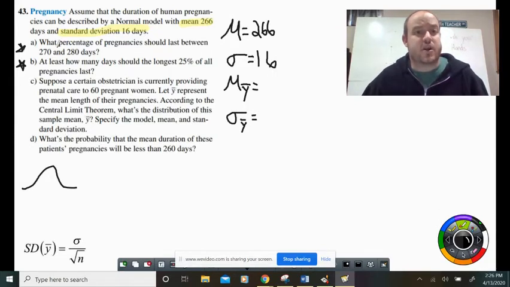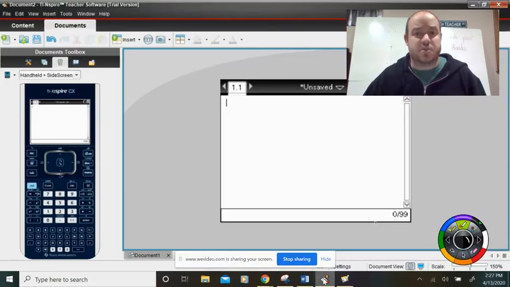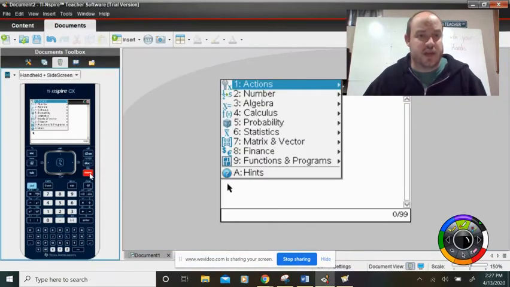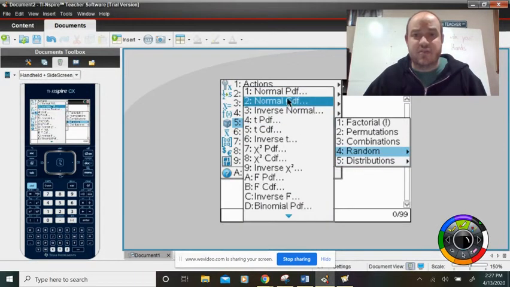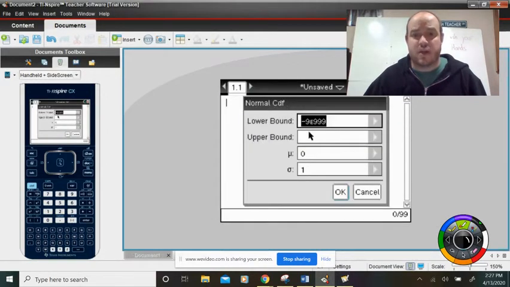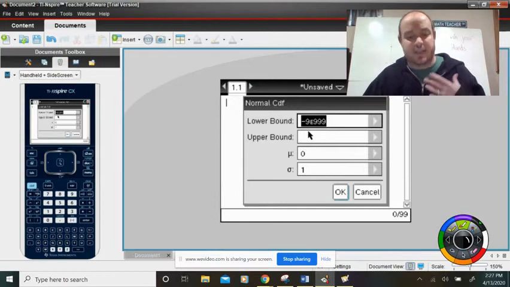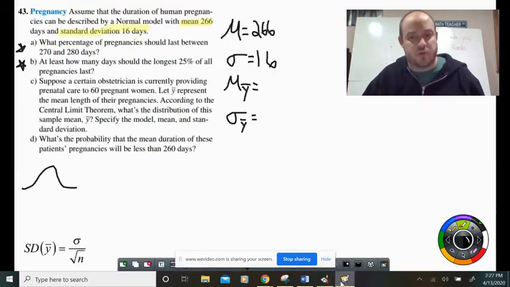And it says here, what's the percentage of pregnancies that should last between 270 and 280? So we're going to jump over to our calculators, and we're going to hit menu. We're still going to go to our normal distribution, even though we're not dealing with the same thing we had. We're not dealing with the sampling distribution in this case, but we're still dealing with a normal curve because it told us that it was going to be normal, all right?